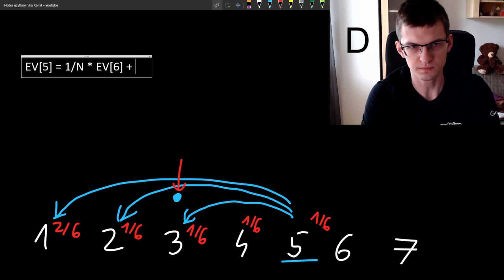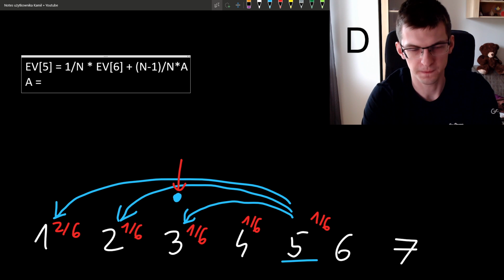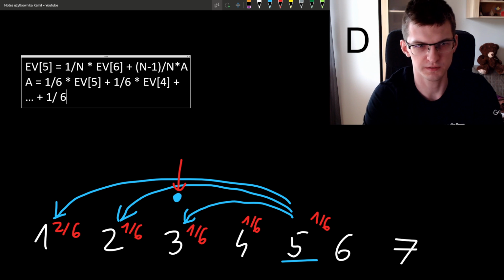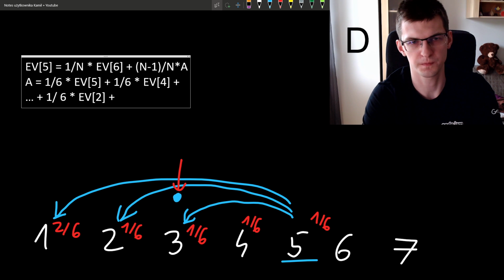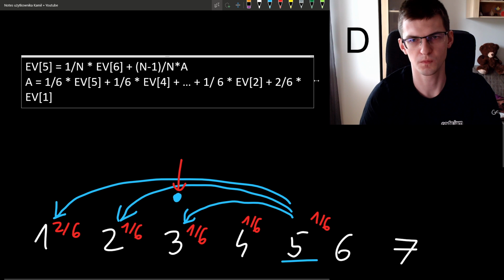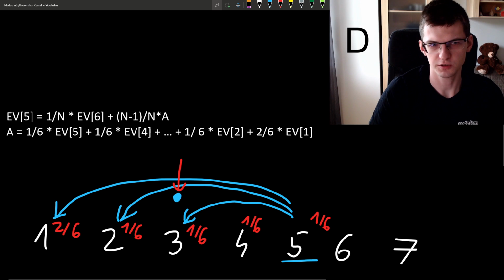Plus, otherwise, times a, where a is times ev of 5 plus 1/6 times ev of 4 plus 1/6 times ev of 2. It should be roughly that.